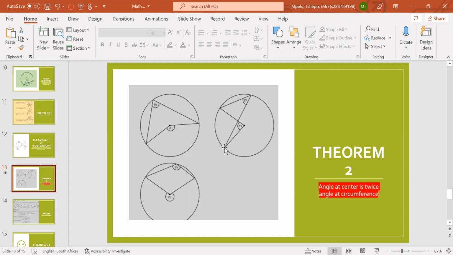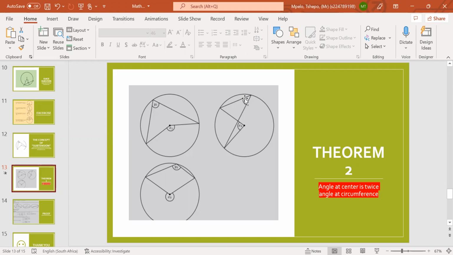And then you also have an angle up there, y2. How is it subtended again? By the very same arc, right? Meaning in this case, the arc subtends two angles: one angle at the center and another one at the circumference. So that is to subtend.